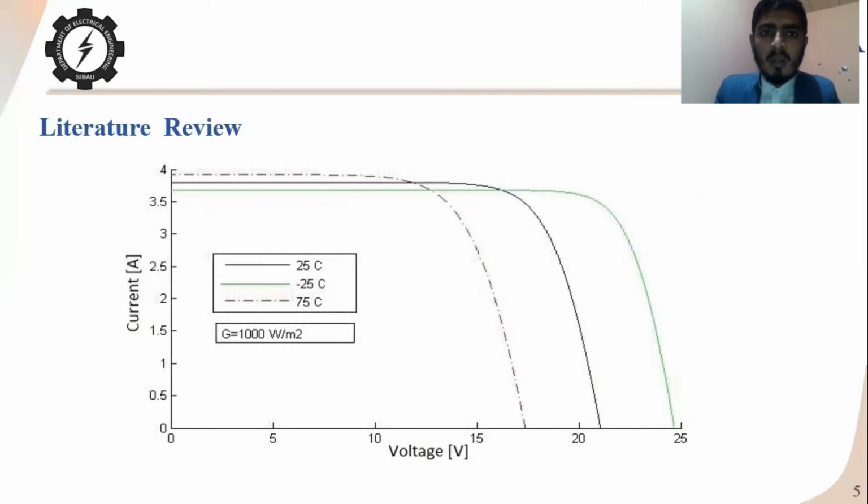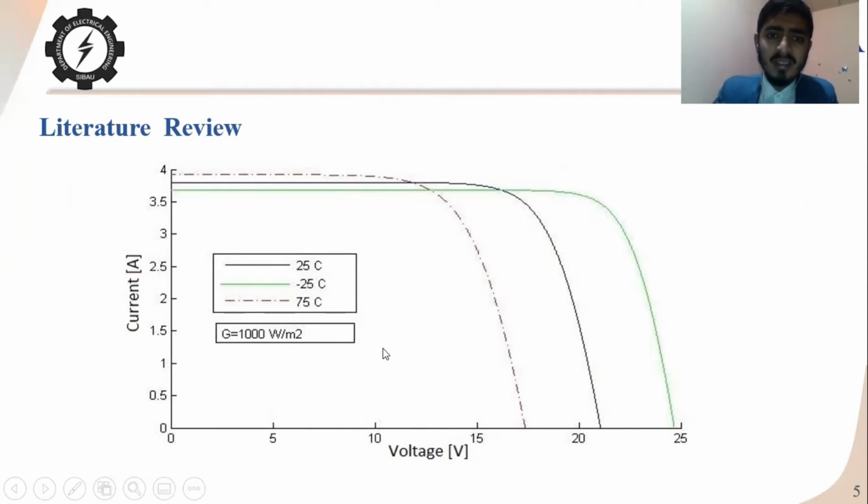If we talk about the literature review, you can easily see from this picture that at 25 degrees centigrade, the voltages are maximum. You can observe from this graph that as the temperature rises from 25 degrees centigrade, the voltages are reduced.